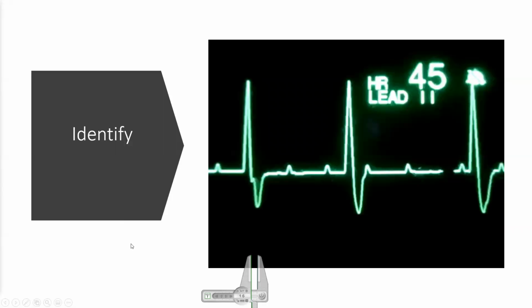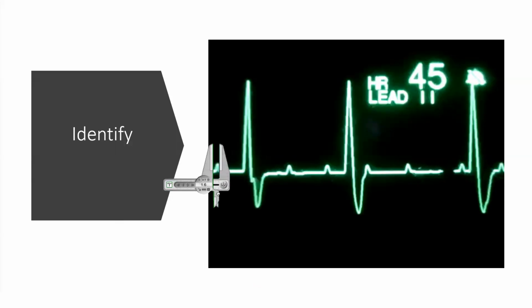Okay, so let's discuss this. Again, we have P waves without QRS complexes, and therefore we would say that there is an AV block, right? And in determining what kind of AV block there is, we're going to, again, have to measure the PR intervals. So let's measure the PR intervals. And as you could see right over here, this is the first PR interval.